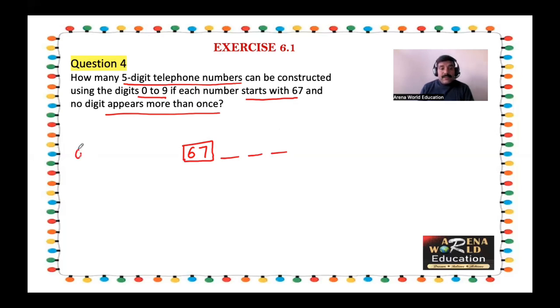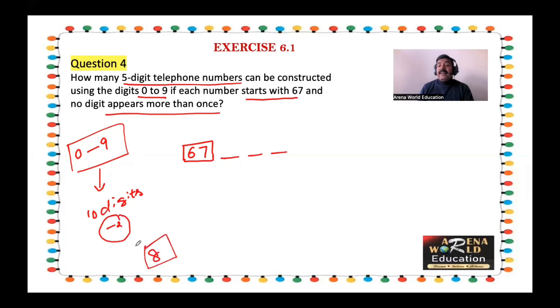So guys, first of all, look at from 0 to 9. Many students, they get confused. They write only 9 digits from 0 to 9. But from 1 to 9, you are having 9 digits and 0. So it means total, yes, 10 digits are there. If we talk about from 0 to 9, right? So it is given no digit appears more than once, right? So we have already used 2 digits. So we are left with what?